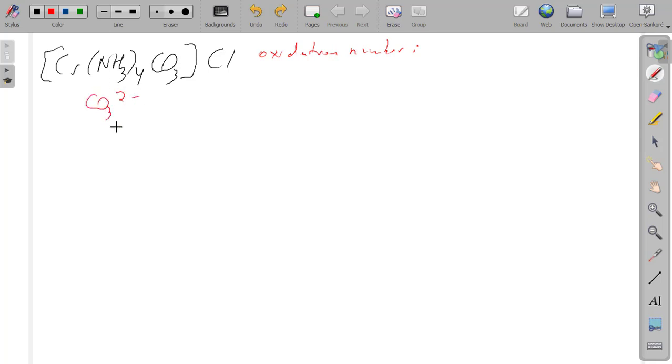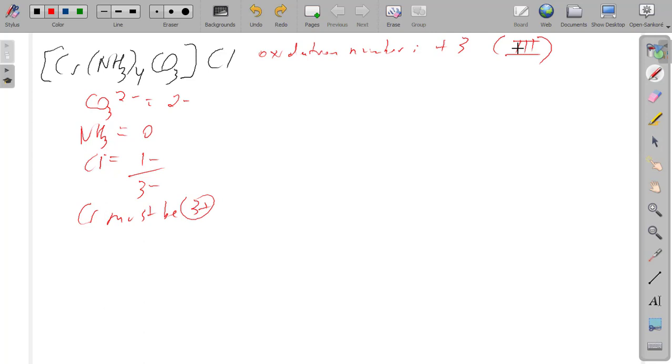CO3 is 2 minus, NH3 is 0, and there's only one of those carbonates, carbonatos. So that equals 2 minuses, and then the Cl is a minus, so there is a total of 3 minuses, so Cr must be 3 plus. All right, so we have that out of the way, so that's going to be plus 3, or for the name, 3 in Roman numerals.